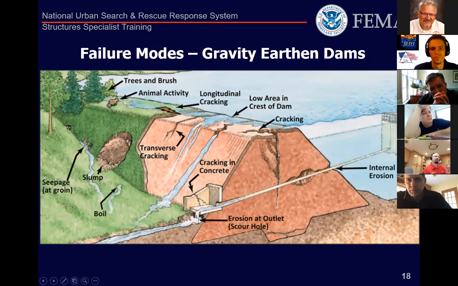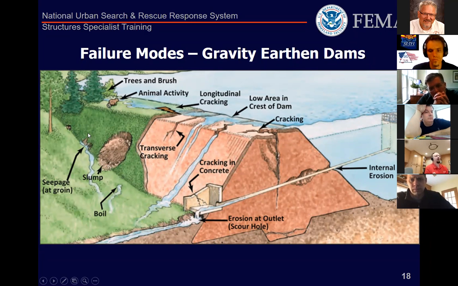And that can be either, as this case shows, a conduited outlet or a spillway, an open weir spillway, where if you start to erode or create scour holes at the outfall, it can start to erode and work its way up the dam to a failure mode that can be significant.